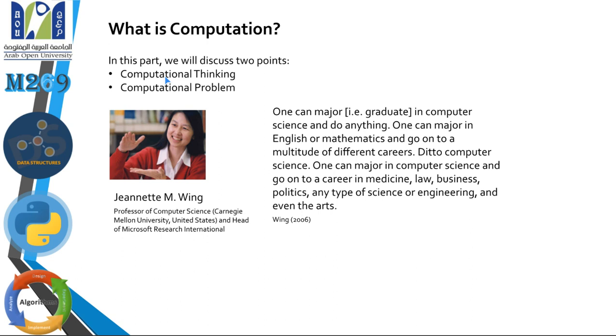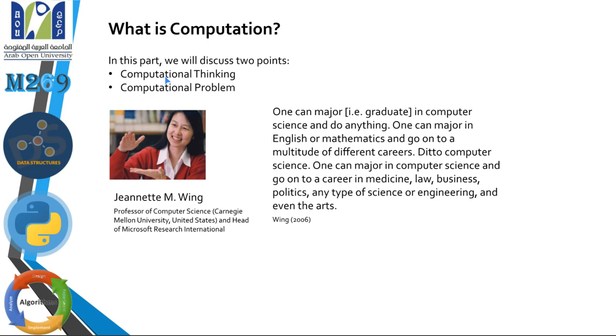One can major in English or mathematics and go on to a multitude of different careers. One can major in computer science and go on to a career in medicine, law, business, politics, any type of science or engineering, and even the arts.